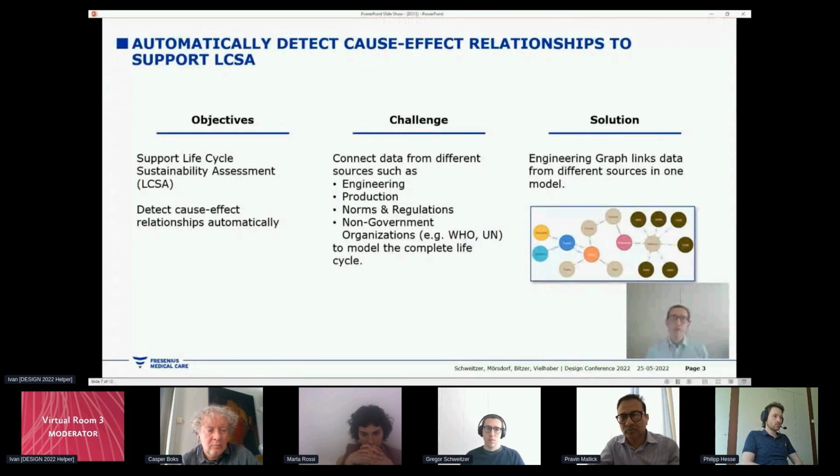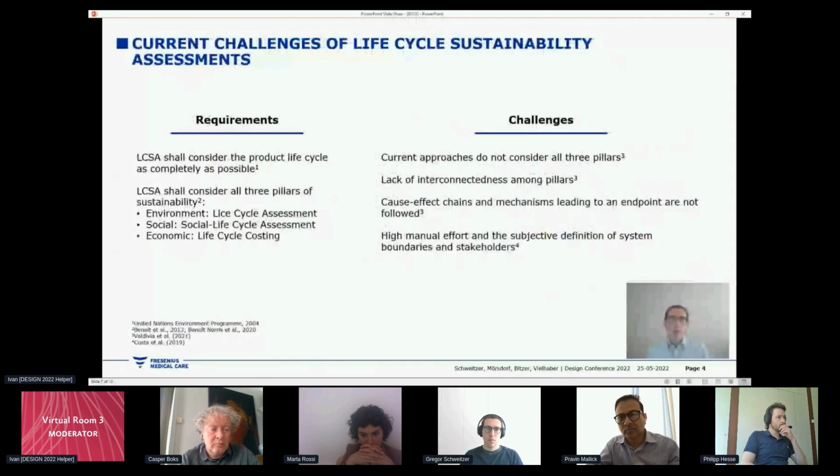The solution we would like to propose is the engineering graph based on graphical databases, which are well suited to connect data from different sources in one model and therefore can be used to support LCSA in our use case. First, we had a look at the literature of LCSA to find requirements and current challenges.